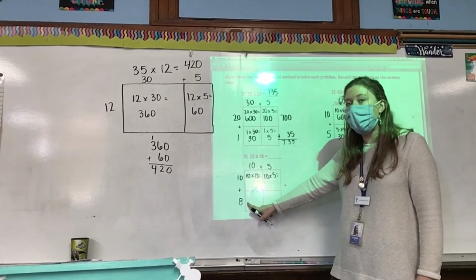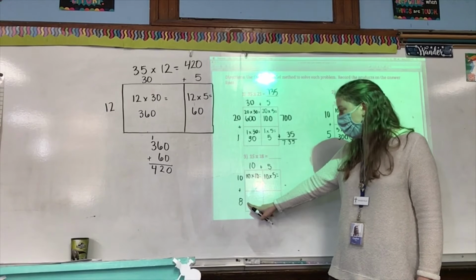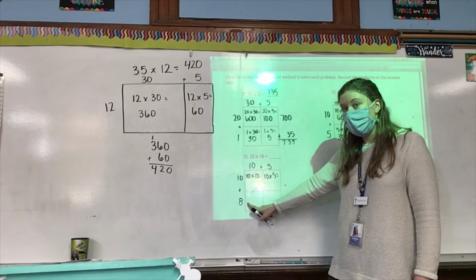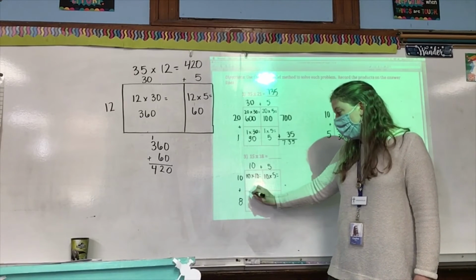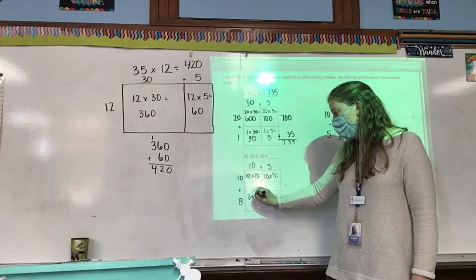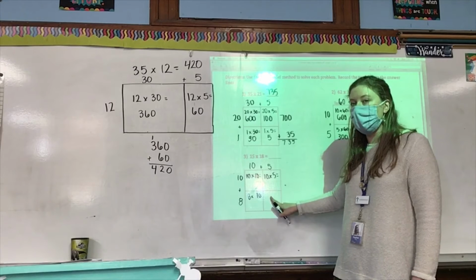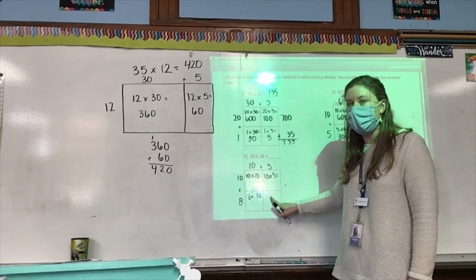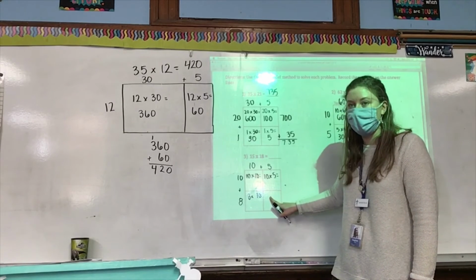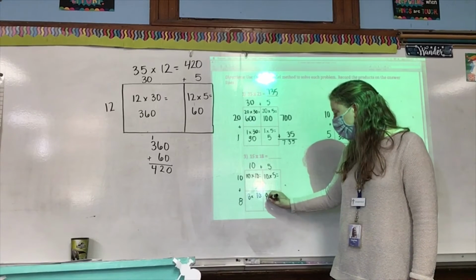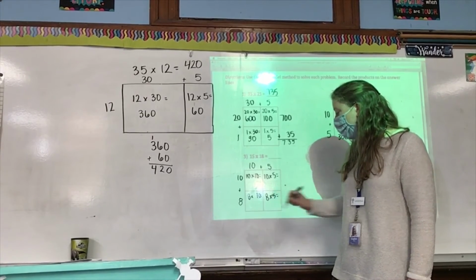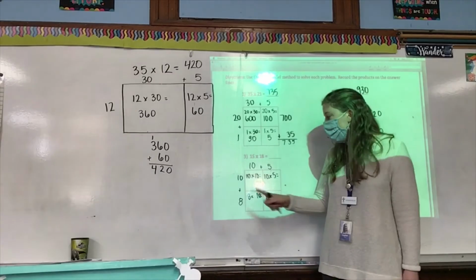The number on the bottom left. What are we solving? And the number on the bottom right. What equation are we solving? 8 times 5.